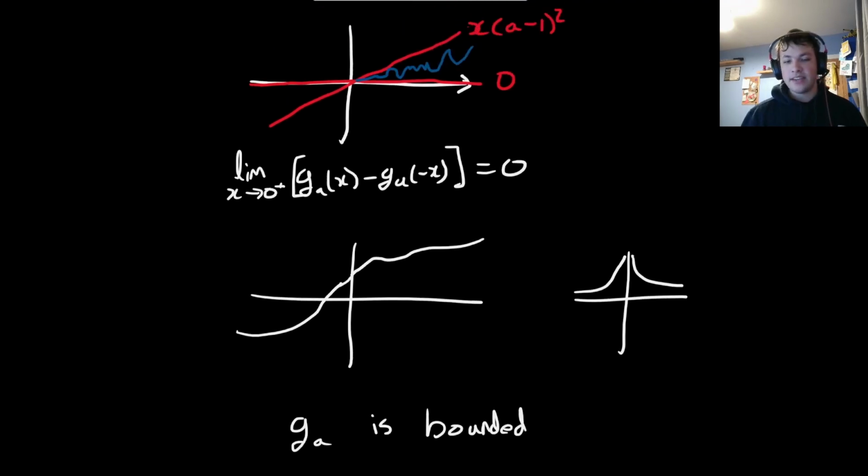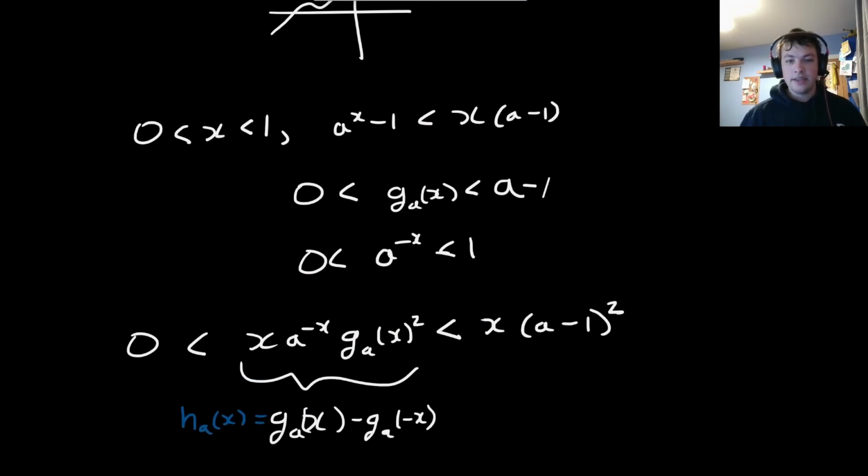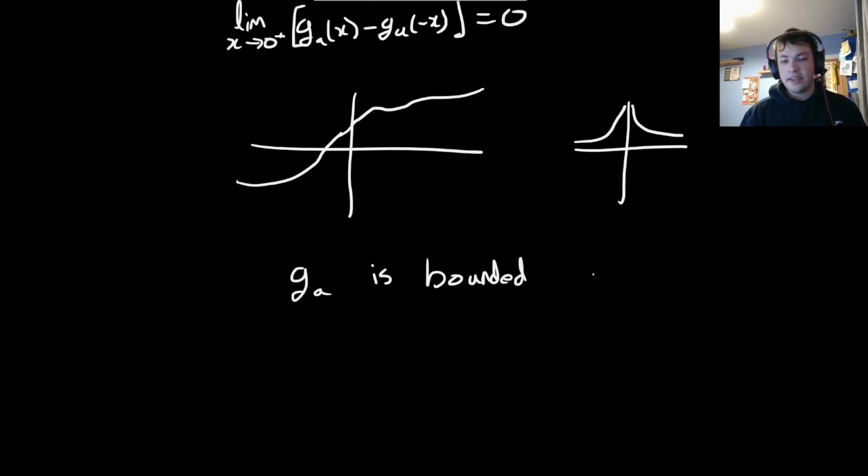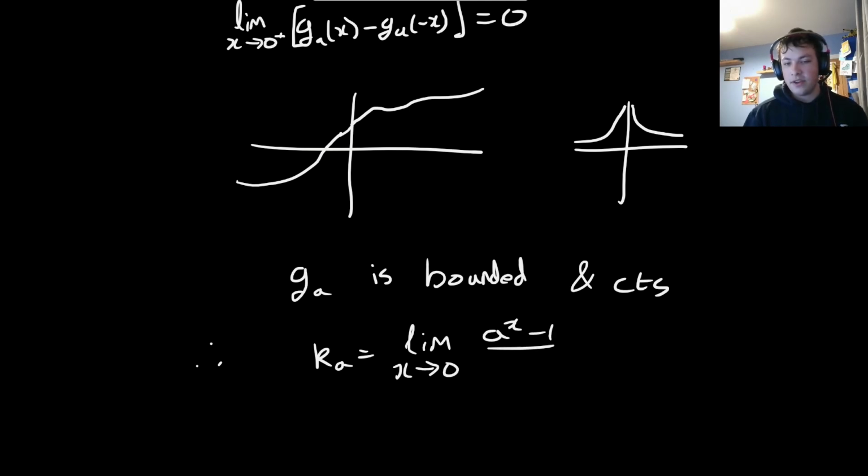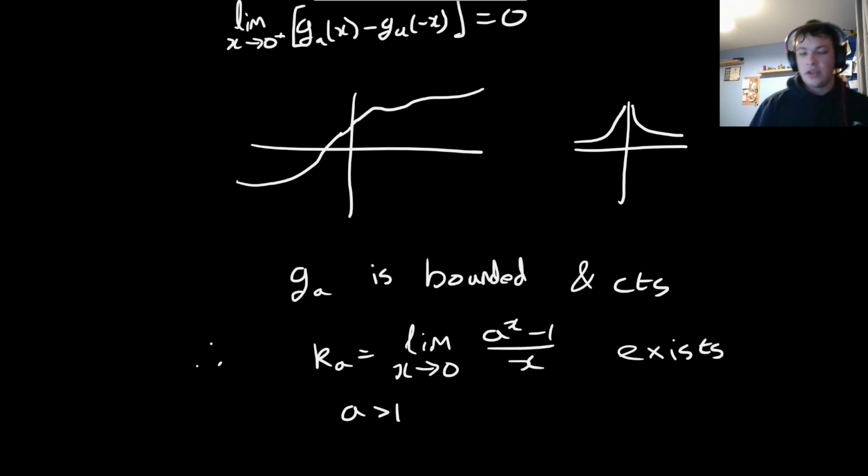because we already said that GA of x is less than a minus 1 in this region, so it can't run off to infinity, and continuous, and so therefore Ka equals the limit as x goes to 0 of a to the x minus 1 over x exists for a greater than 1, and we can remember that we then worked out k of 1 over a was minus that, so we actually get any k.